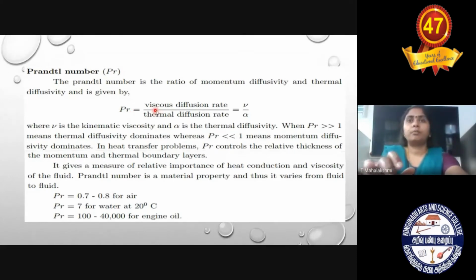The Prandtl number is the ratio of viscous diffusivity and thermal diffusivity. Pr is nu by alpha, where nu is the kinematic viscosity and alpha is the thermal diffusivity.